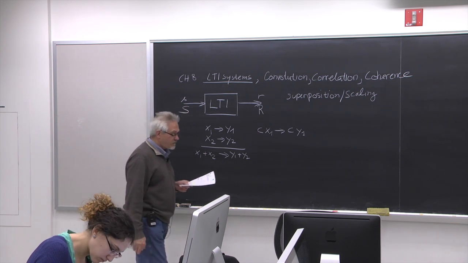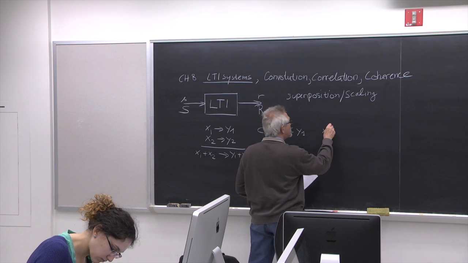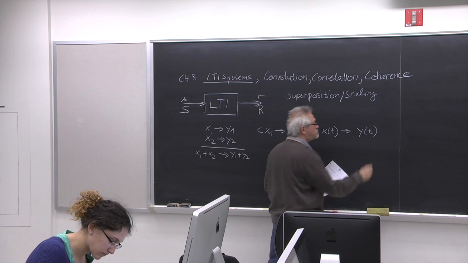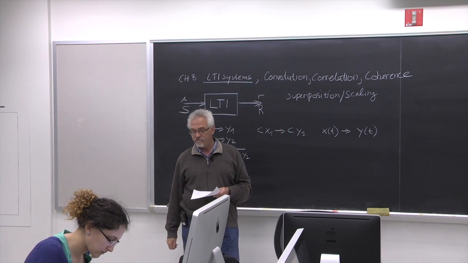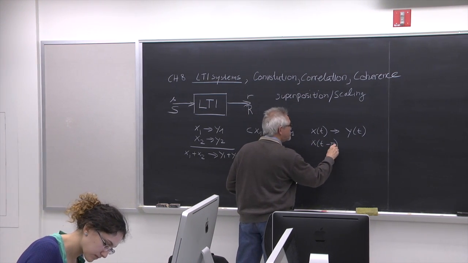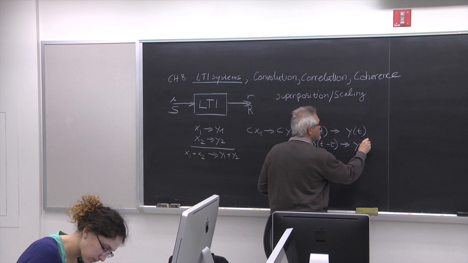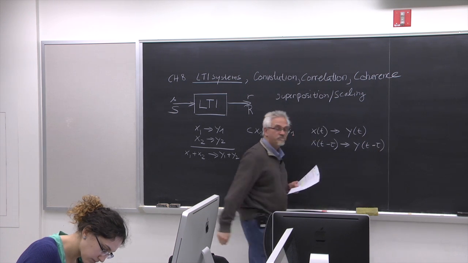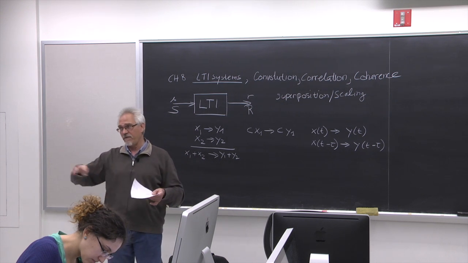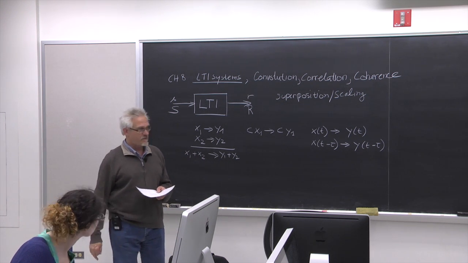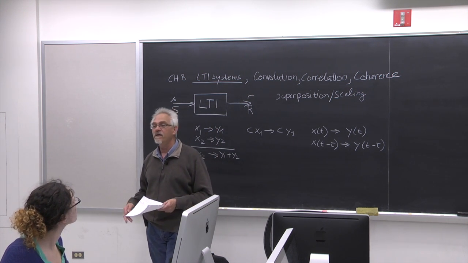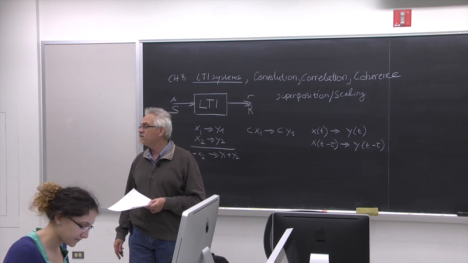The time invariant thing means that if I have some stimulus x(t) leading to response y(t), then when I give the same stimulus but at a different time, it will give the same response, also shifted in time. That may seem trivial, but some systems vary over time. This system doesn't. It gives you exactly the same response tomorrow as it did yesterday, provided, of course, that the initial condition is the same.